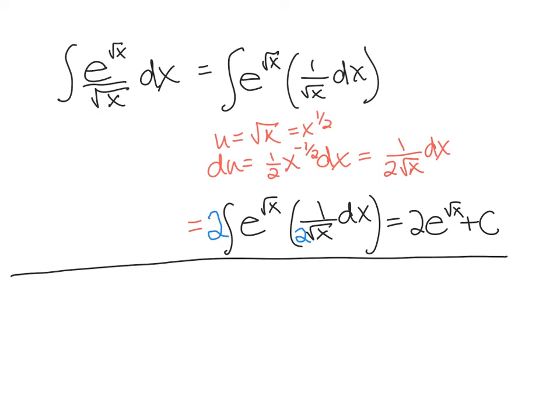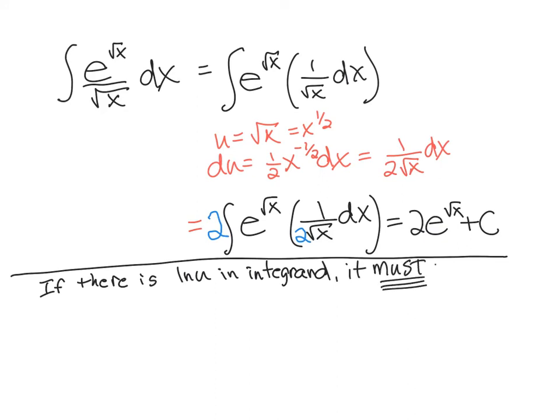Okay, one last very important thing for you to remember is that if you have a logarithm, if there is an ln of something in the integral, it must be the u, or at least a part of the u.